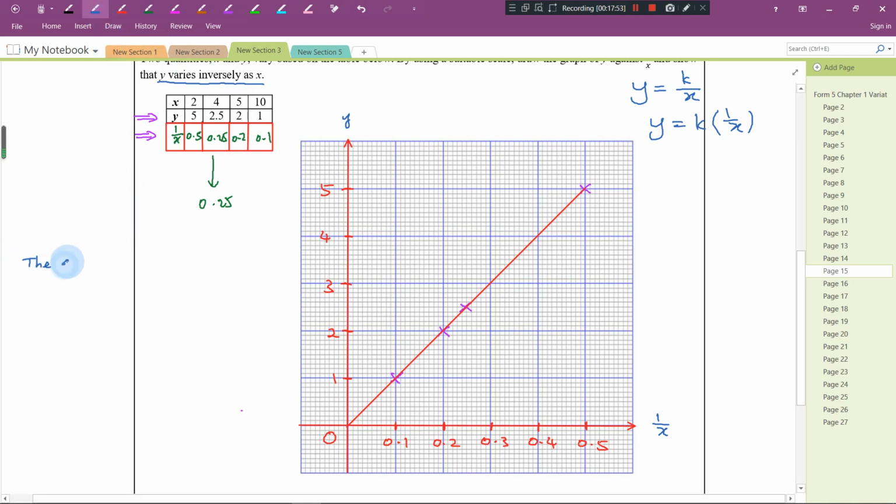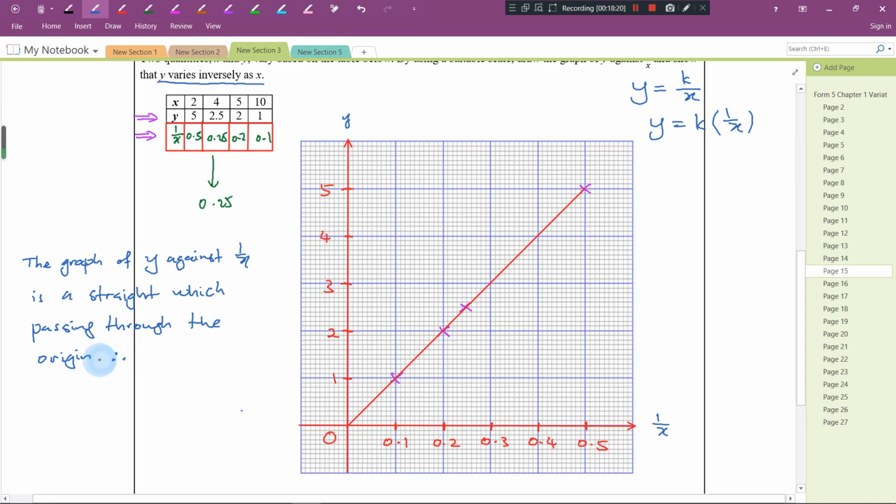The graph of y against 1 over x is a straight line which passes through the origin.